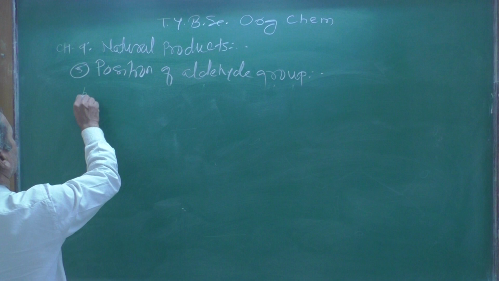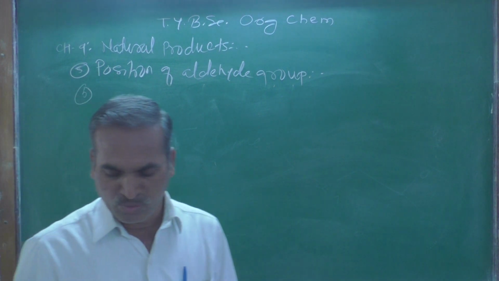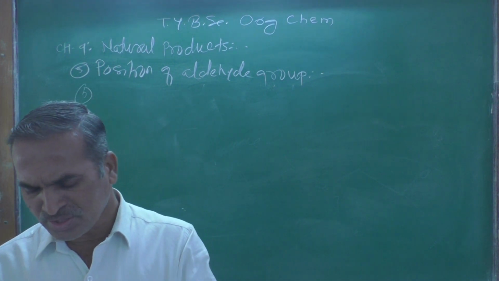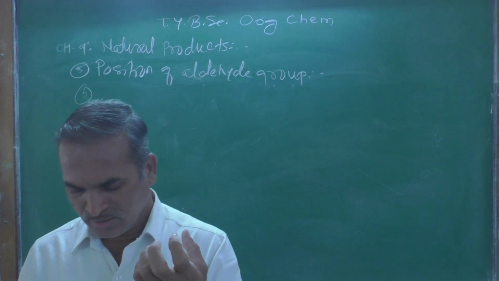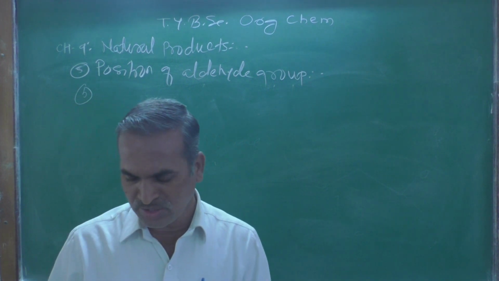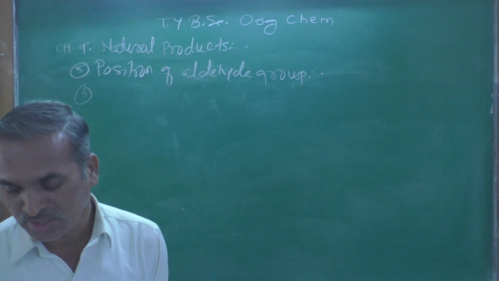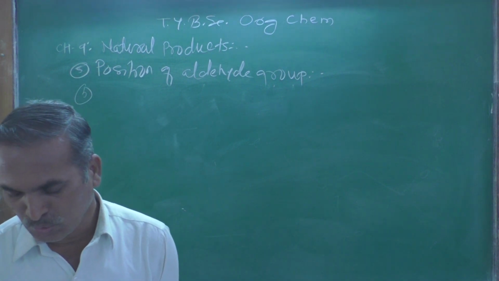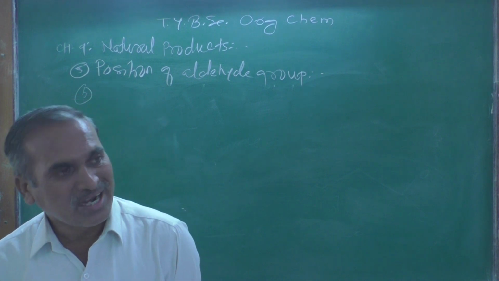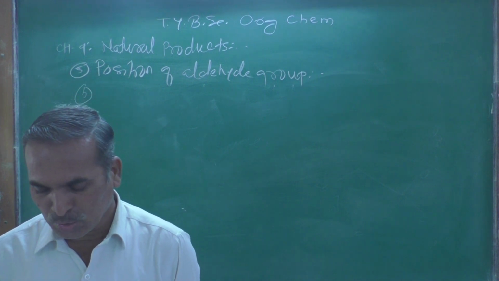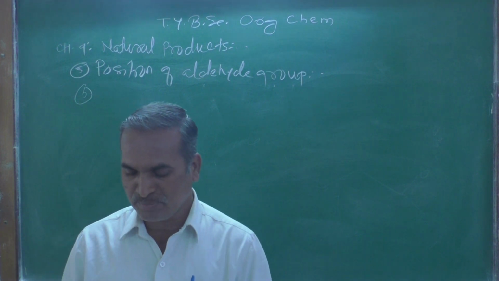Now the B point we are discussing here. Citral hydrolysis with aqueous K2CO3 solution under high pressure gives an aldehyde and the ketone, that is methyl heptanone.